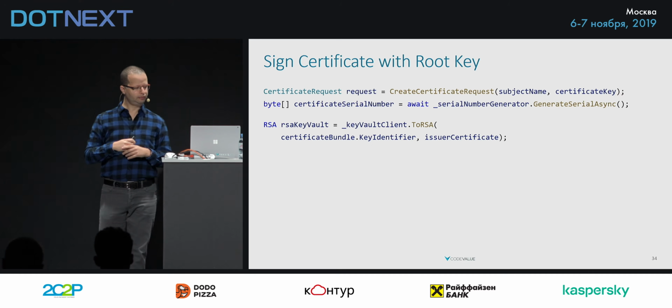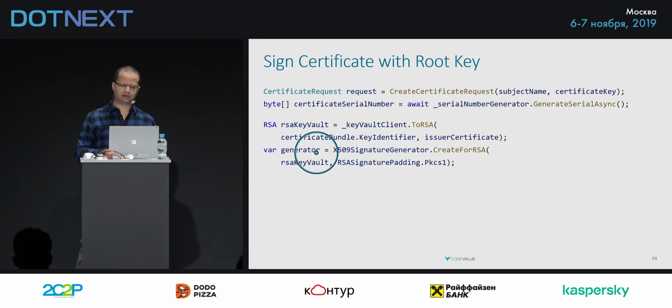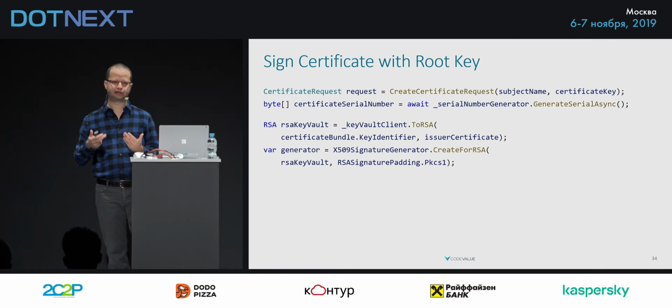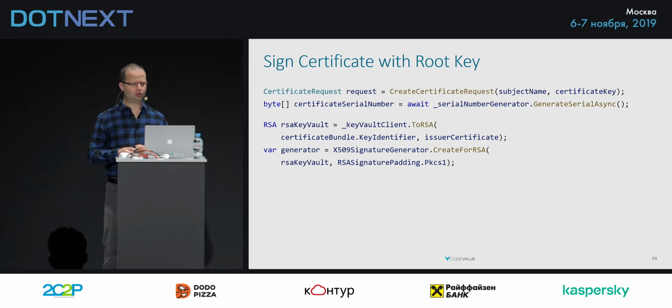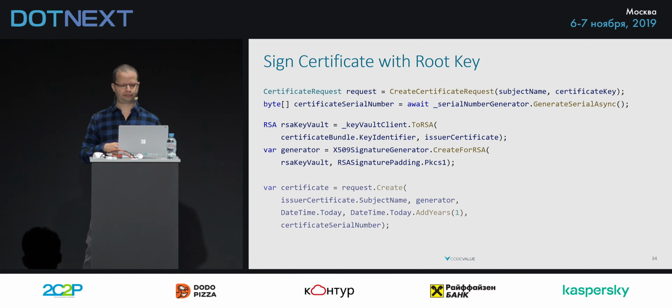Once we have this, we create something that's called X509SignatureGenerator. Again, this is part of the .NET SDK. This is the class which generates a signature for a certificate. We give it our key, which is implemented in Key Vault.